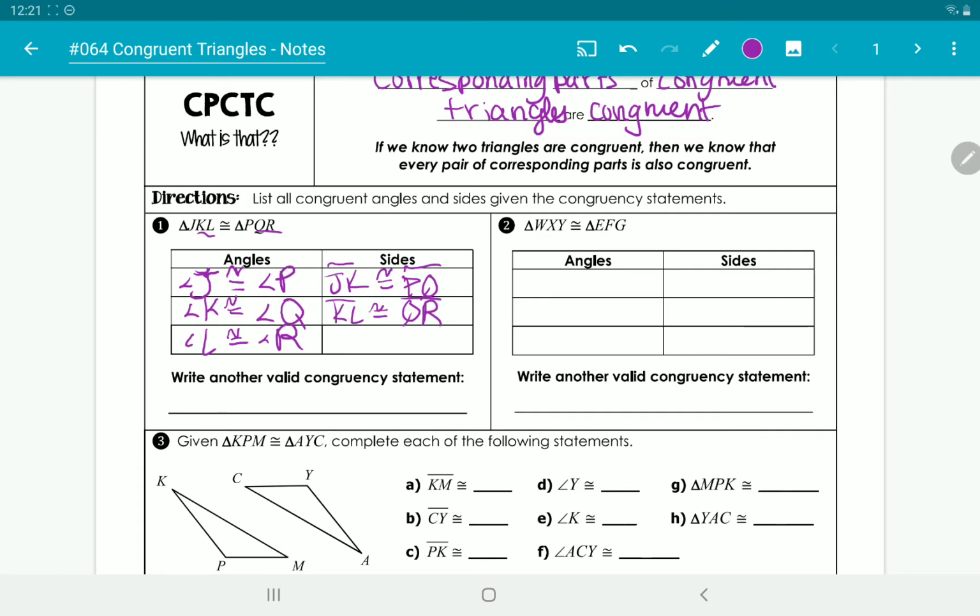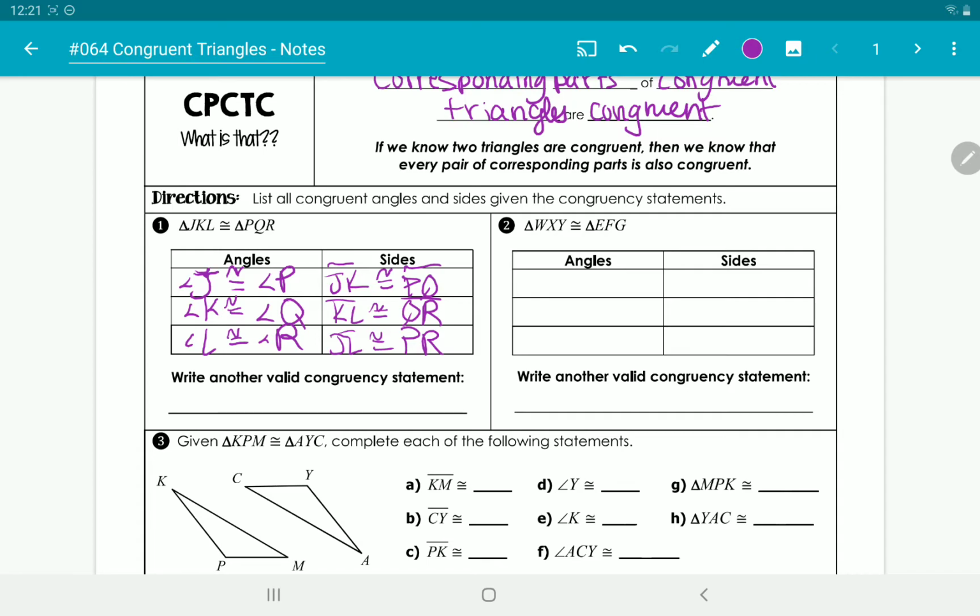And now we have first and last. So JL is congruent to first and last on the other side, PR. Okay? So if you're looking at the angles, you just use one of the letters, so the first position, second position, and third position. Then the sides, you just pick 2 of the letters, and you make sure you're looking at the same position on both of them.